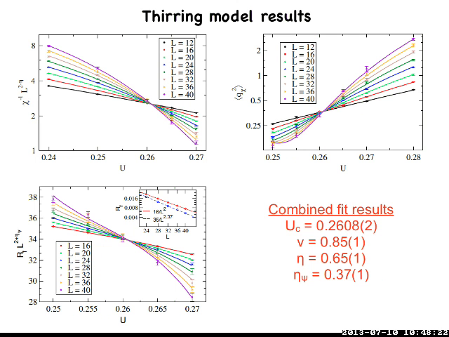Here we had to do determinants of 8,000 by 8,000, if I'm not mistaken. That was doable thanks to Anyi's efforts. We used a combined fit, and we could isolate the critical point accurately and got the critical exponents within maybe 1% or even less.